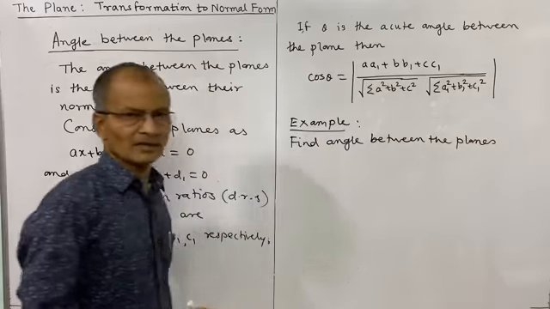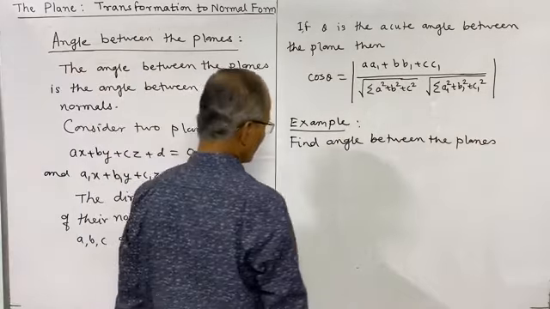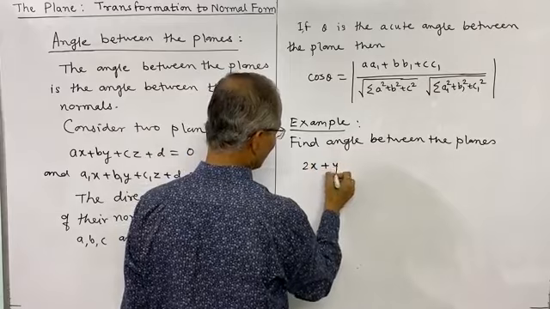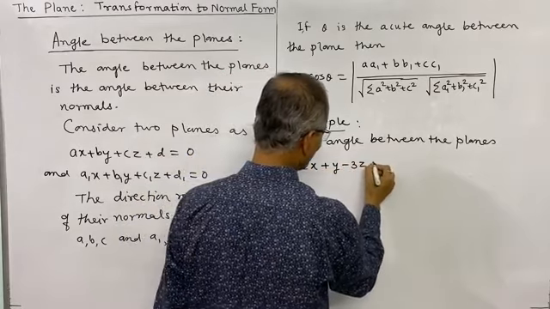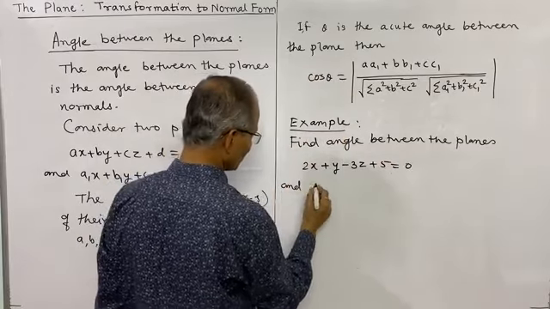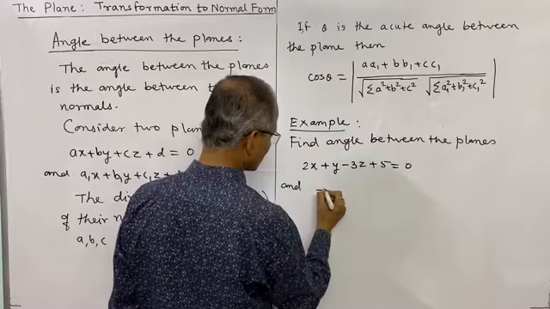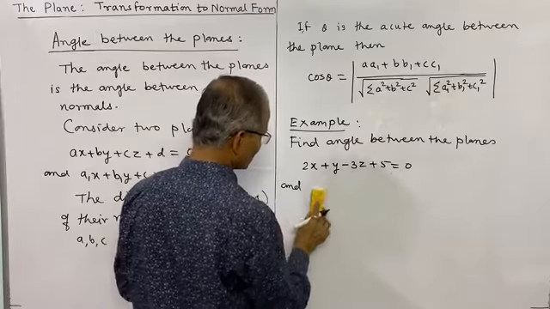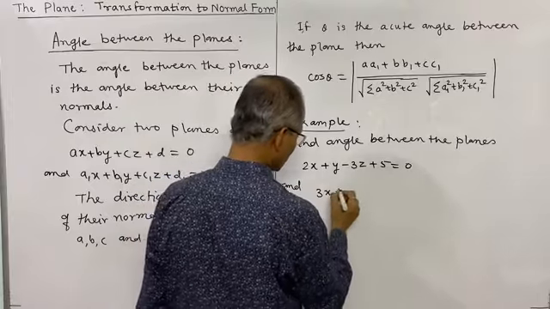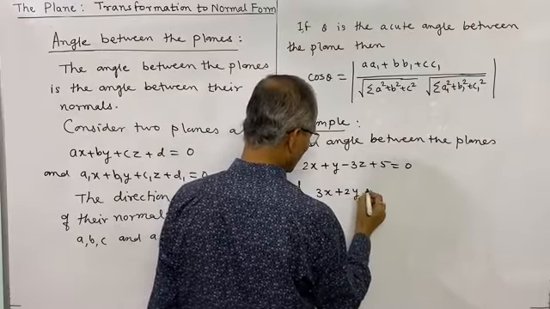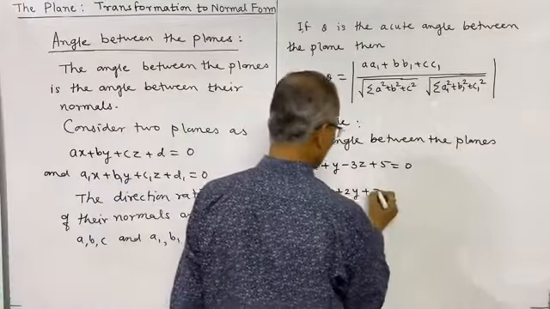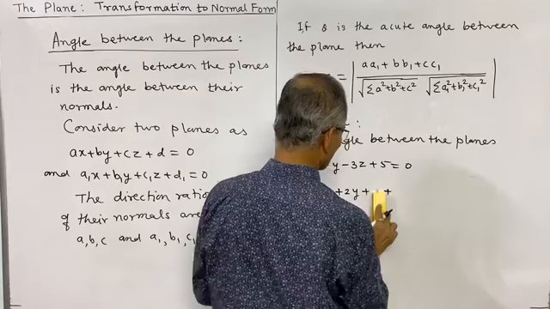I shall write the equation of the planes as say 2x plus y minus 3z plus 5 is equal to 0, and, we will consider positive sign first, 3x plus 2y plus say z plus 7 is equal to 0.